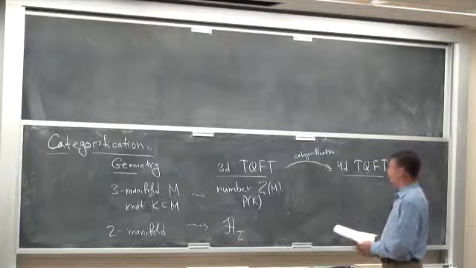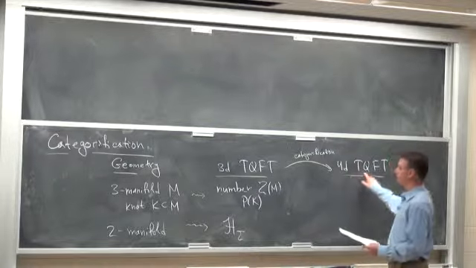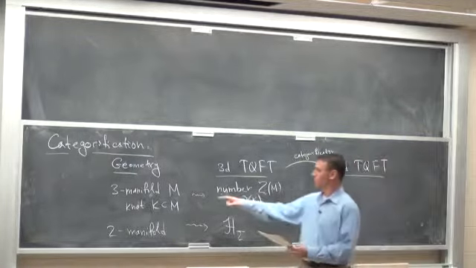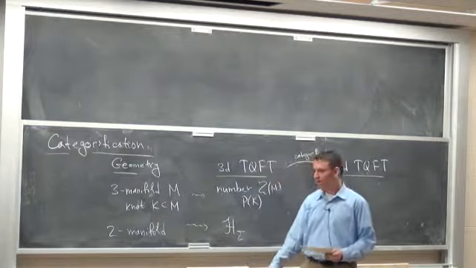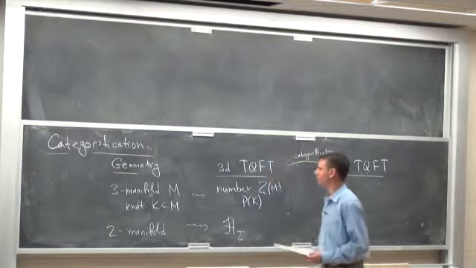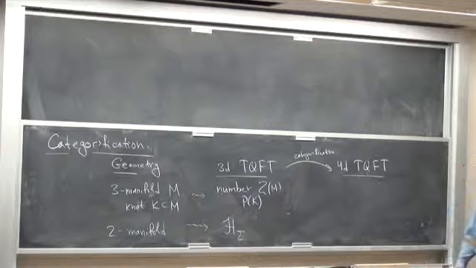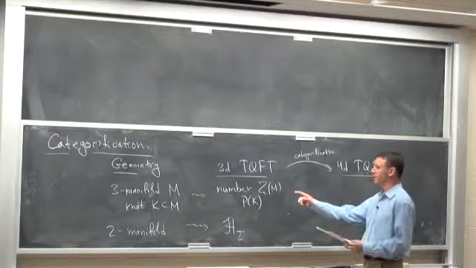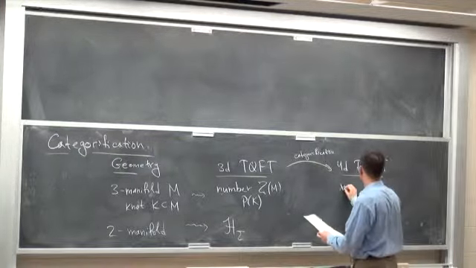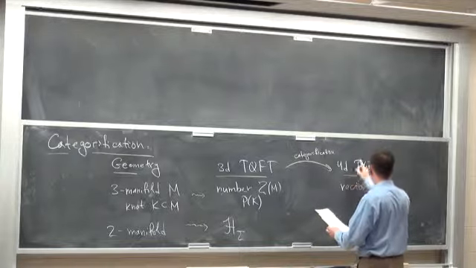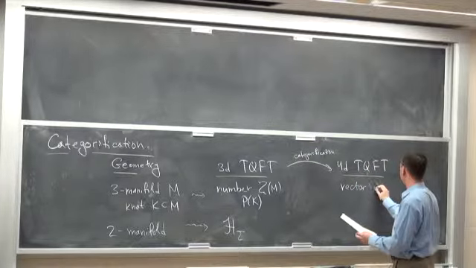Now, if you were in 4D TQFT, 3-manifold would be codimension 1. It would be much like 2-manifold, a Riemann surface, in a 3-dimensional theory. And therefore, to a 3-manifold, you would actually associate a vector space if you had 4D TQFT.